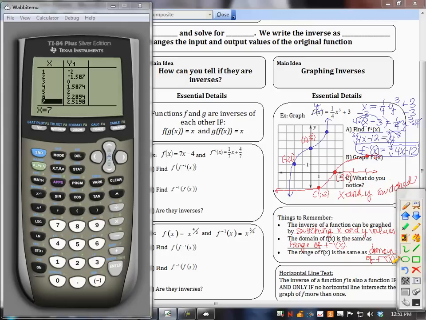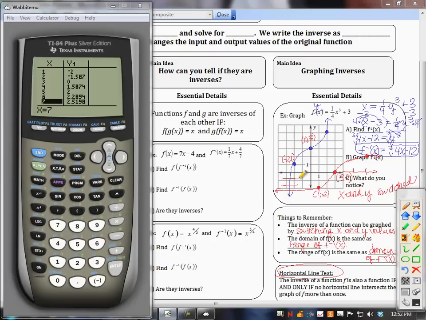One way to tell if a graph has an inverse without actually having to find it, if I just want to know does it have an inverse or not, the easiest way to tell is this horizontal line test. Now you know the vertical line test says if your graph touches this vertical line only once, then it's a function. Well, the same thing applies to horizontal lines.